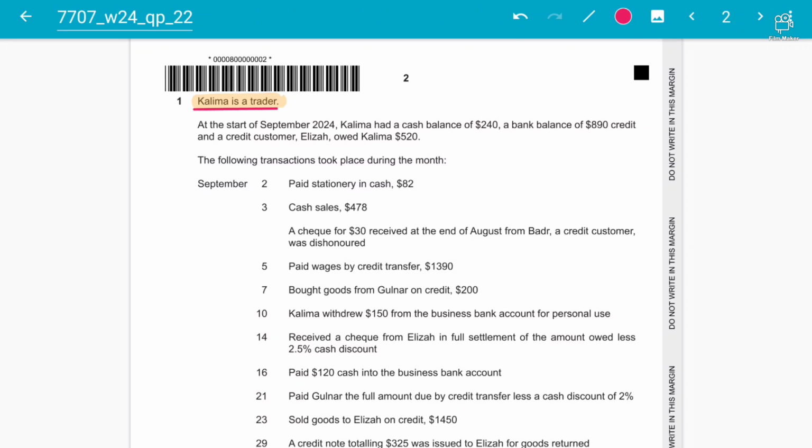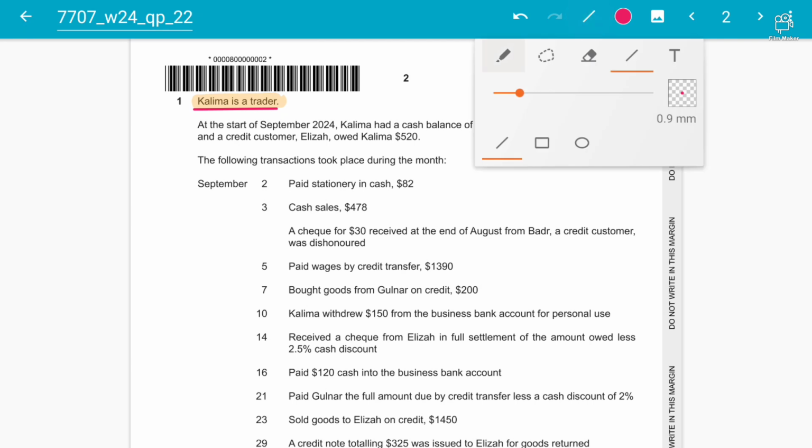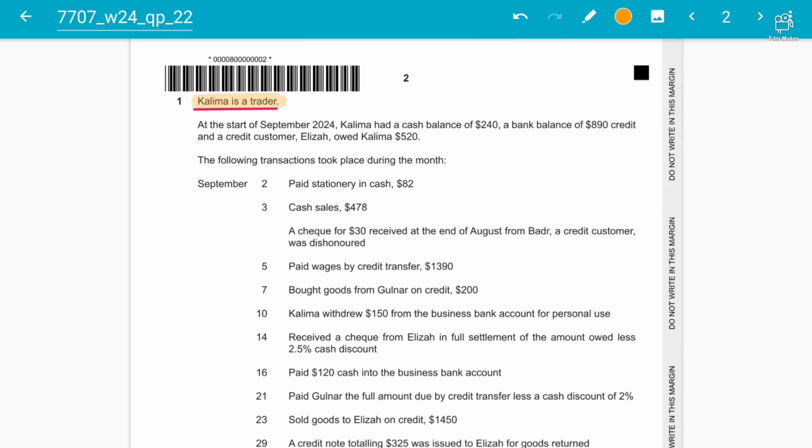At the start of September 2024, we have a cash balance of $240, a bank balance of $890 credit, and a credit customer Alize who owed Kalima $520. So we have a customer, which is also called a trade receivable. So the customer owed Kalima $520.